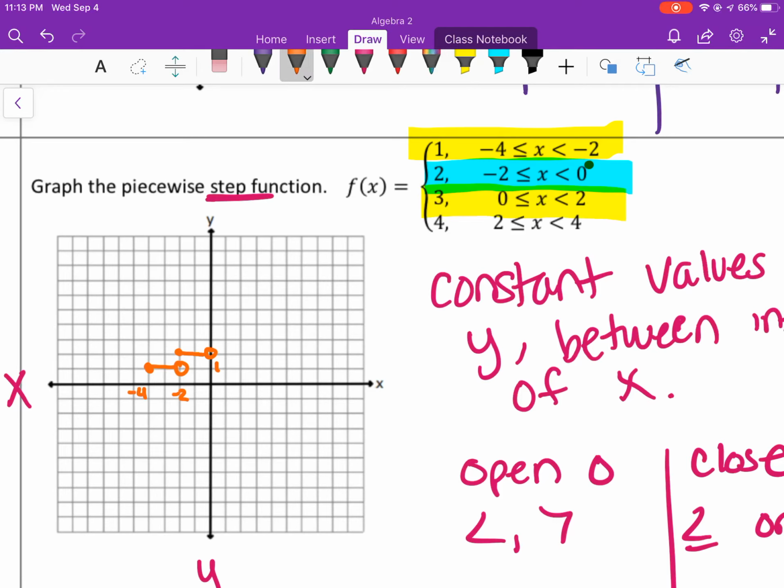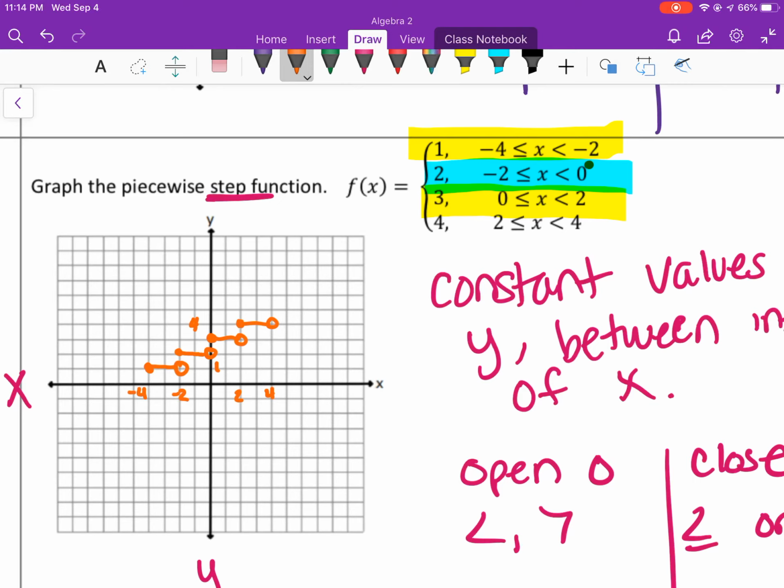We are at from 0 to 2 on the x, we are equal to 3 on the y. And then the last one is equal to 4 from 2 to 4. We got a closed circle at 2, open circle at 4, and y is equal to 4 there.